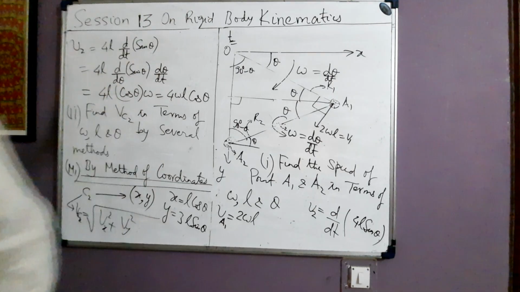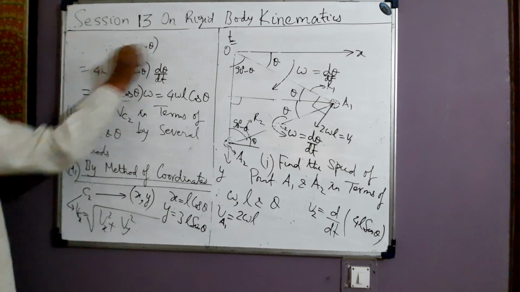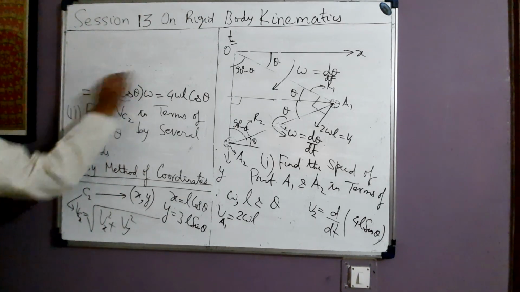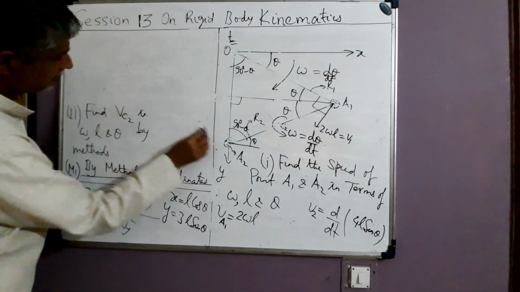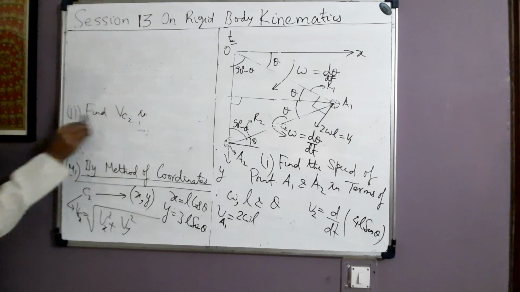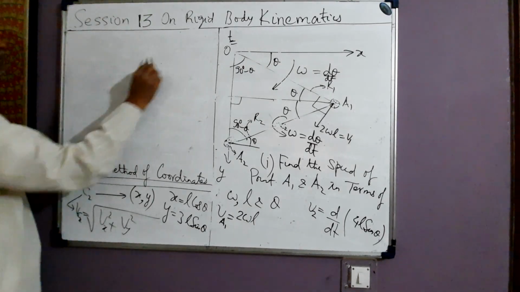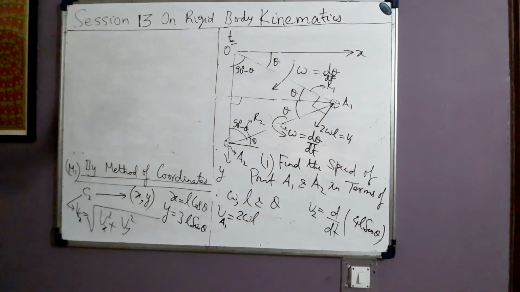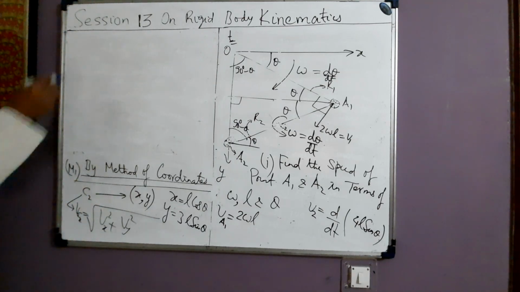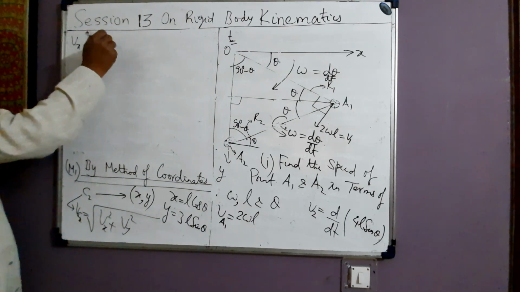So to know Vc2 you must know Vx and Vy. Vx is simply dx by dt by theory of particle kinematics.